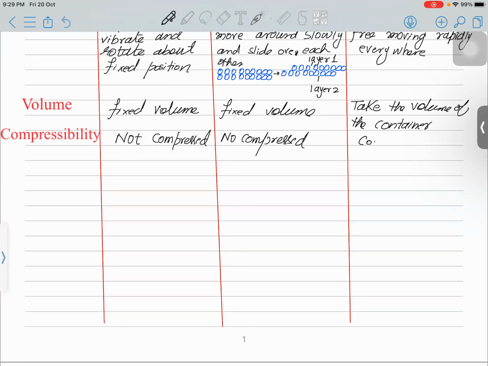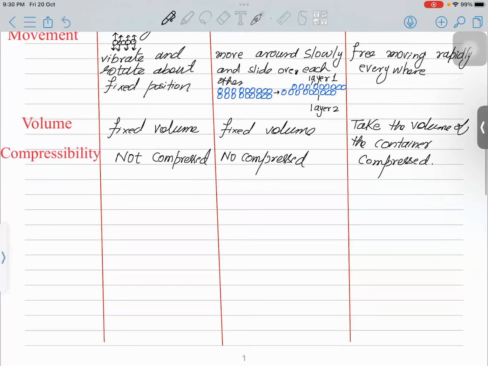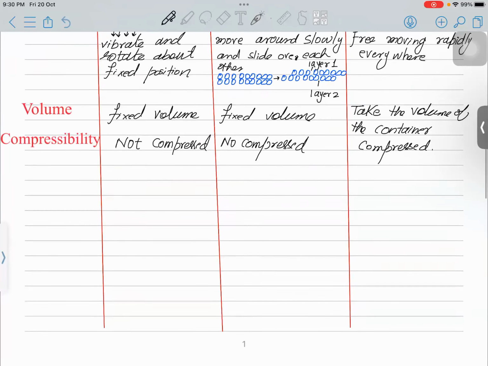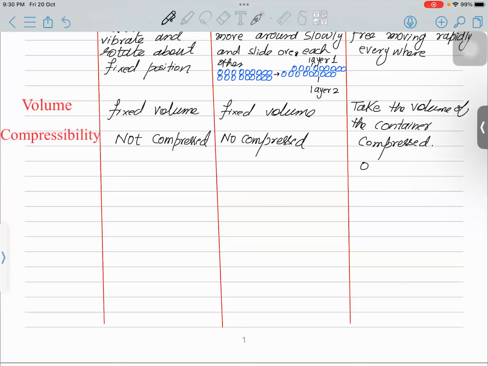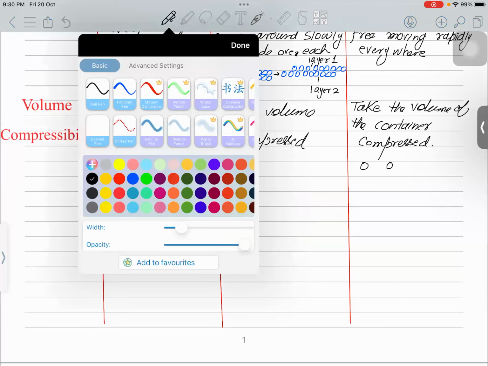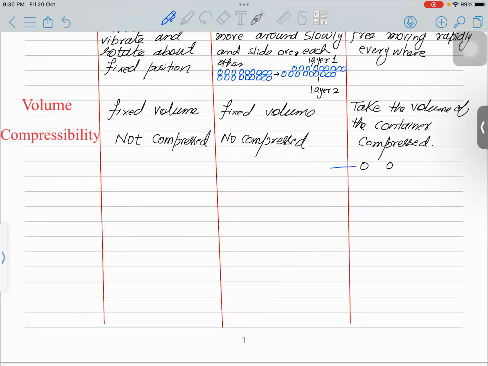But we can compress the gas, because you can see that there are a lot of spaces in it. So we compress gas particles.